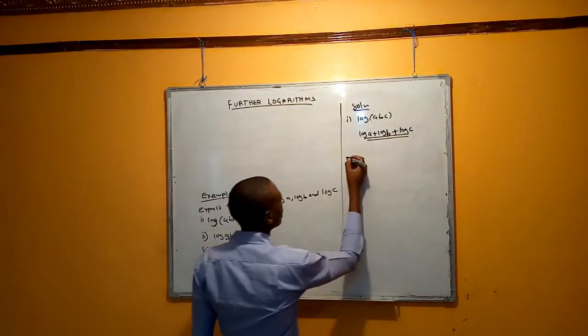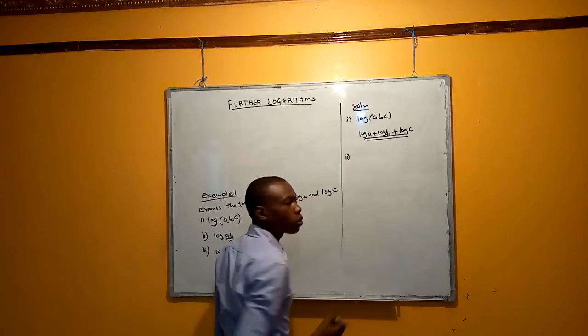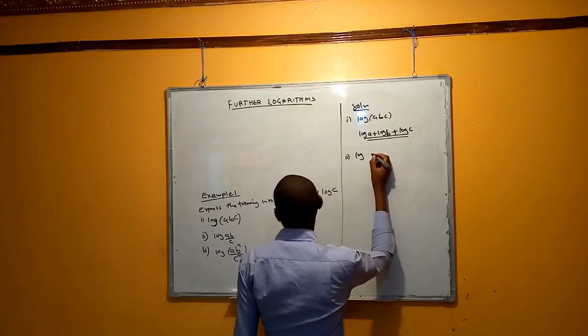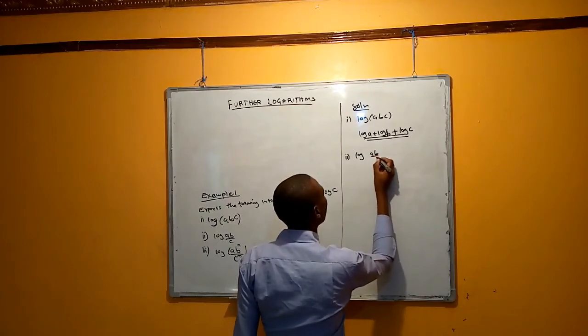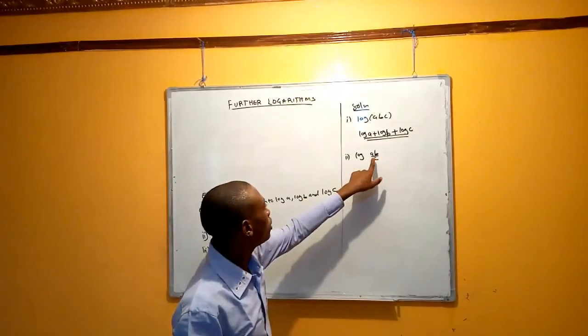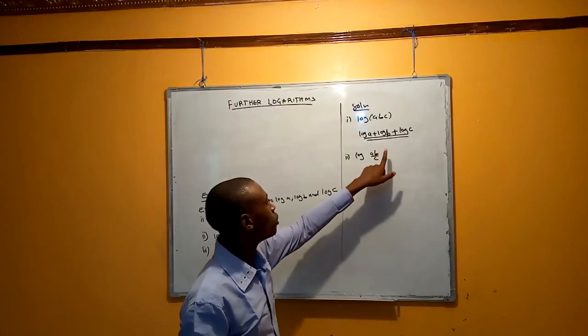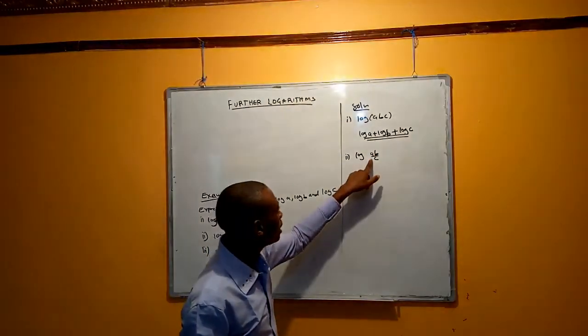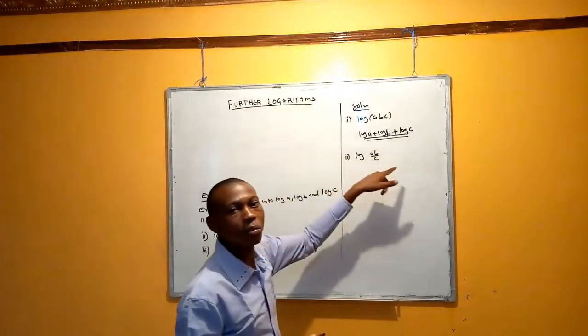So let's look at the second one. You are given log of AB over C. This should tell you that between A and B we have a multiplication sign, but this is division, so we have a minus somewhere.